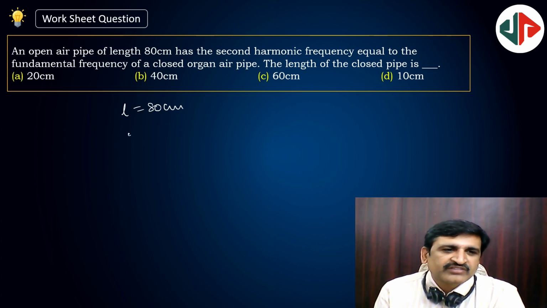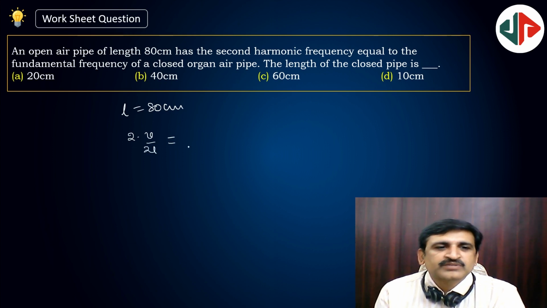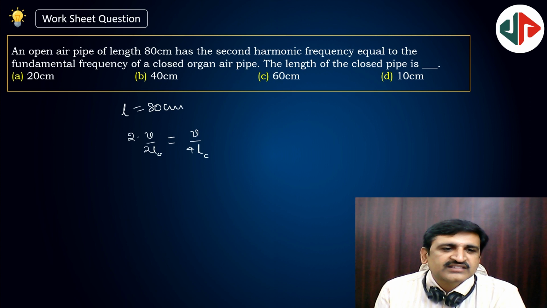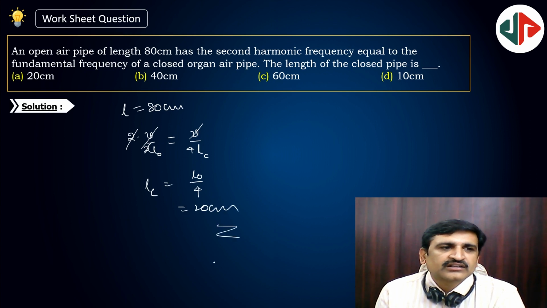Second harmonic frequency means 2V by 2L is equal to the fundamental frequency of the closed pipe, which is V by 4L. The length of the closed pipe: V and 2 cut. So Lc is equal to Lo by 4, that is 20 centimeter.